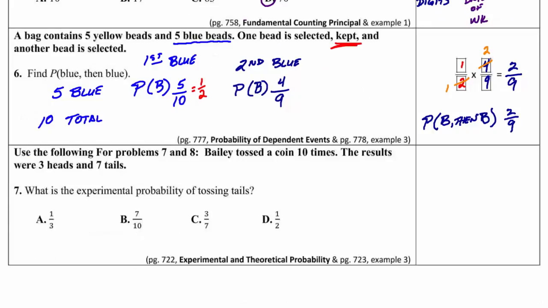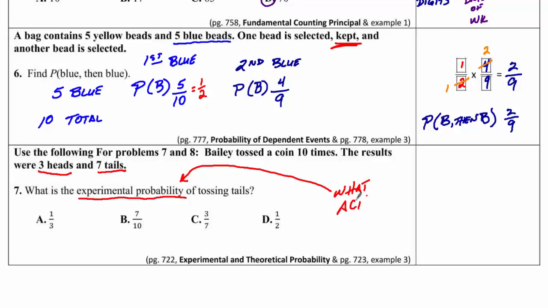All right, number 7. So in problem number 7, Bailey tossed a coin 10 times, and here were the results. He got heads 3 times, he got tails 7 times. Our first question, what is the experimental probability of tossing the tails? Remember, experimental is what actually happened.